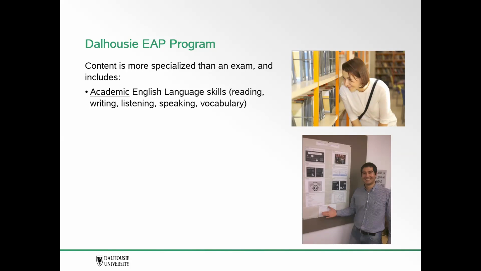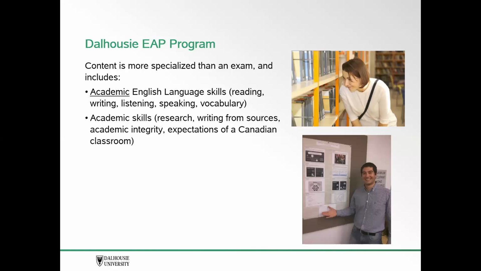The texts are high-level, complex academic texts. The writing is the type of writing that you'll be doing at the university. Listening will be academic lectures, discussions, tutorials, etc. Speaking and vocabulary as well are the types of speaking that you'll do in the academic environment as a graduate student.